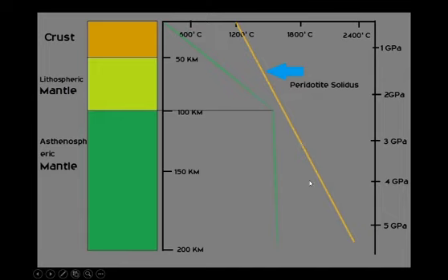The geotherm must cross the solidus line of the peridotite to produce the basaltic magma. And we know that basaltic magma does exist and does form. So some special condition must exist that allows the geotherm to cross the solidus, causing partial melting of the mantle.